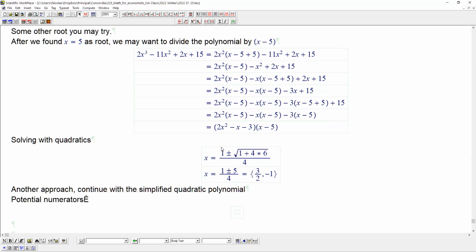So that's 3 and 1. Positive numerators, 3 and 1. So I get 1 and 2, 1 and 3, and 1 and 2. So you see that it's a simpler problem, but you have to go over this division there. So you see what you want to do, all right?